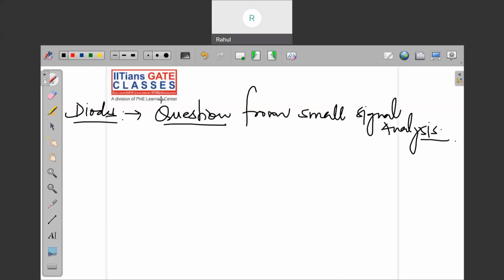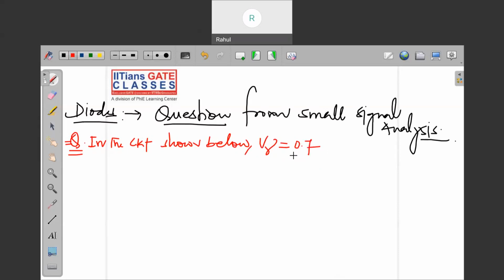The question says, in the circuit shown below, assume that the voltage drop across a forward biased diode, V gamma, is given as 0.7.